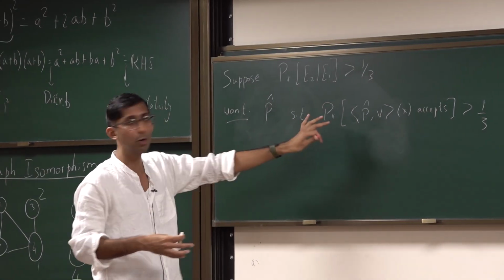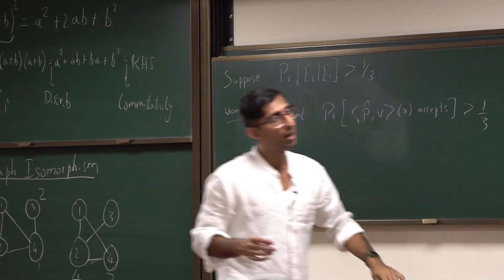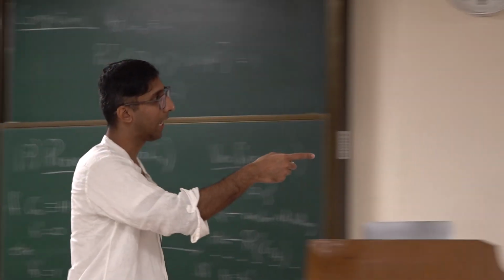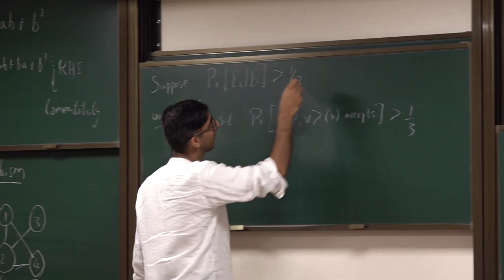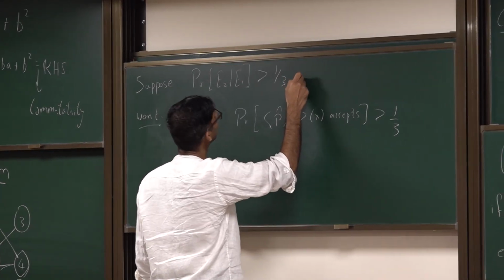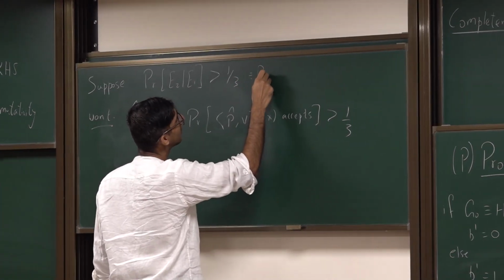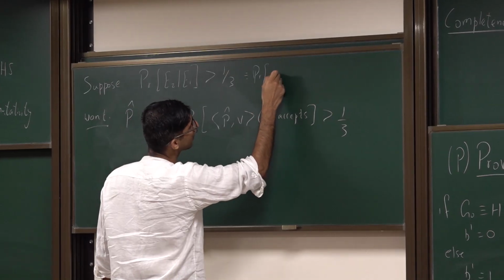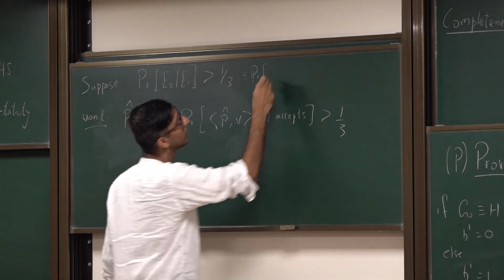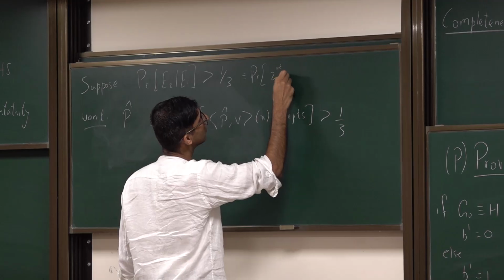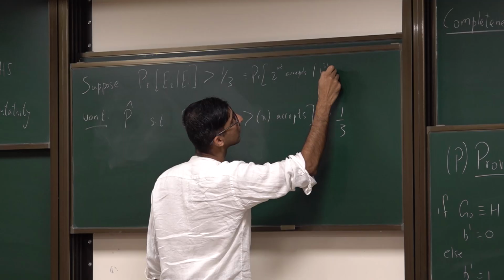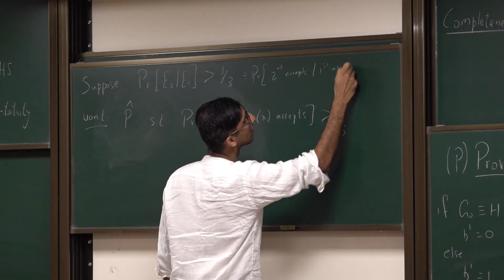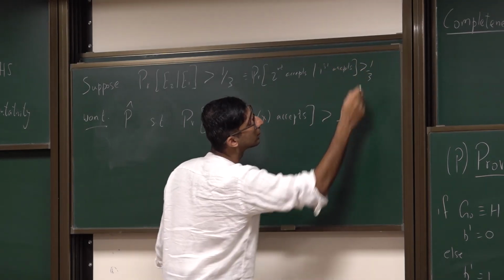So how am I going to construct this P hat? What do I have? I have this P star, which gives you this property. This is the same as saying that this is the probability that the second iteration accepts, given that the first iteration accepts, is more than 1/3.